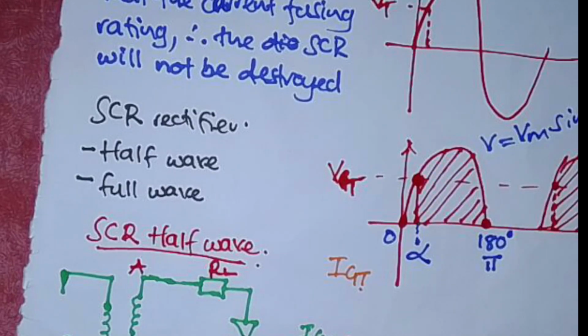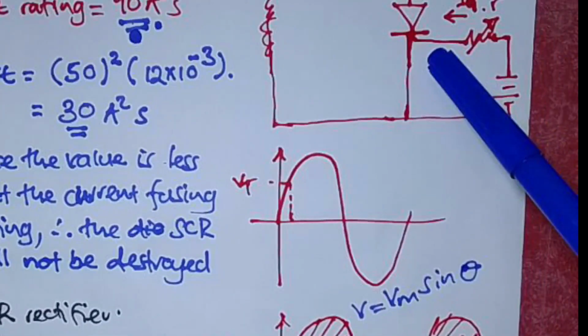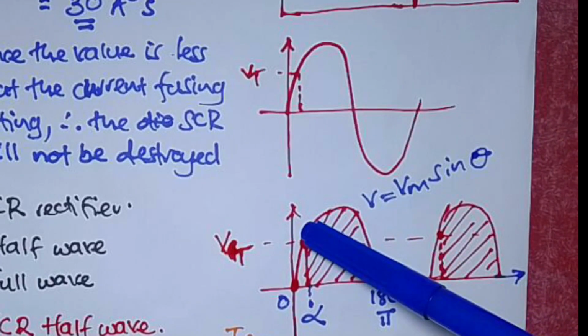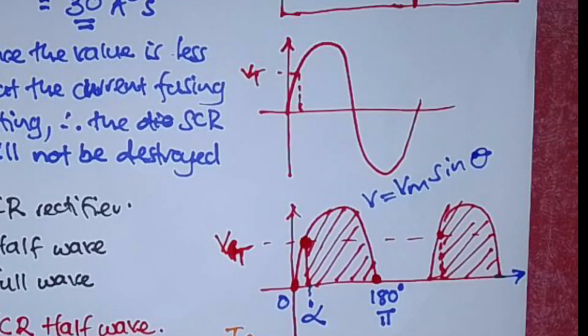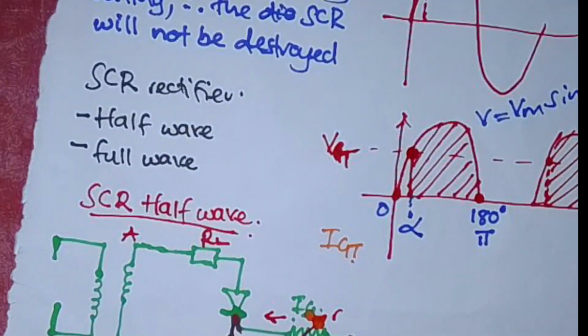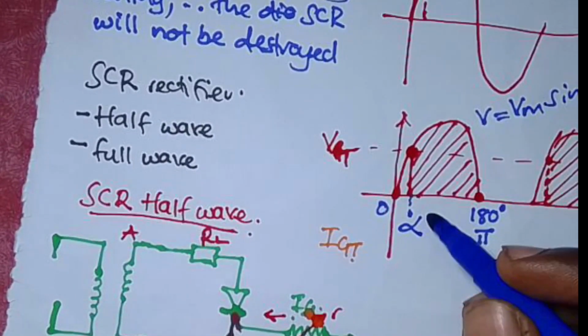Or simply, by varying this gate current, we are varying the anode voltage at which the SCR is going to be turned on. Thereby we are controlling. So the reason we call it a control rectifier is because we are able to control the angle at which it is fired on.